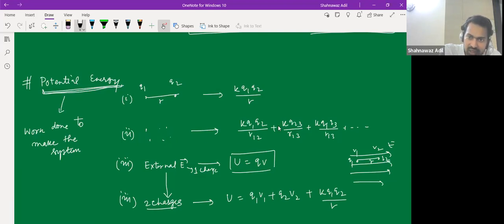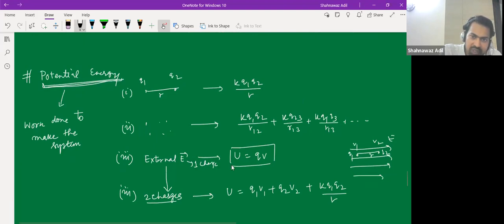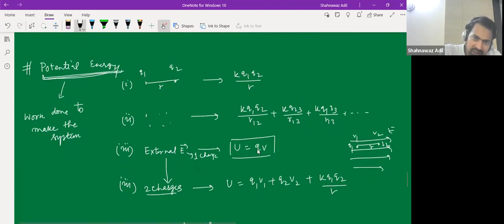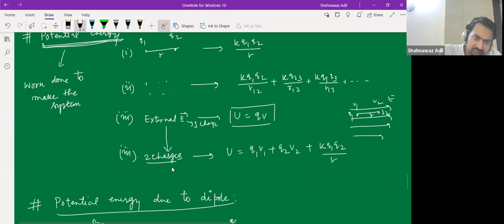Then we put one charge in the presence of an electric field, so the potential energy is this. After that, we put two charges in the presence of an electric field, and this is the potential energy. Up to this point we did in the previous class, right?